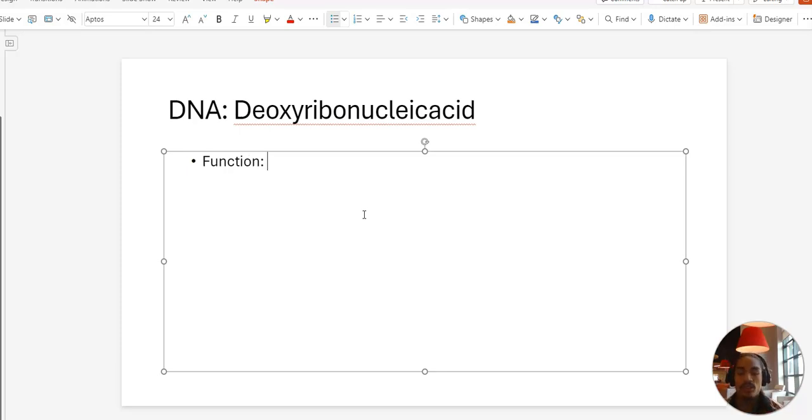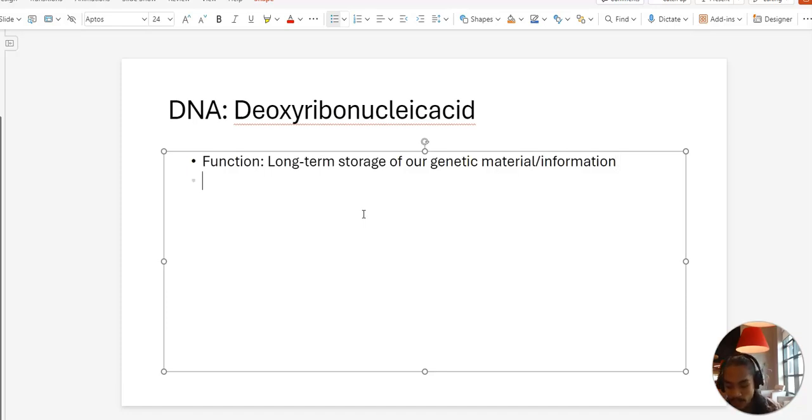DNA is basically just a storage form of our information, of our genetic code that our body needs. So we're going to put long-term storage of our genetic material or information. Those words are interchangeable, so you'll see both of them.